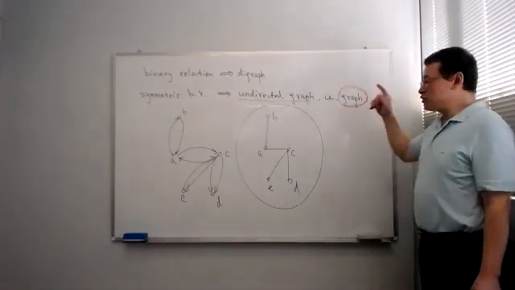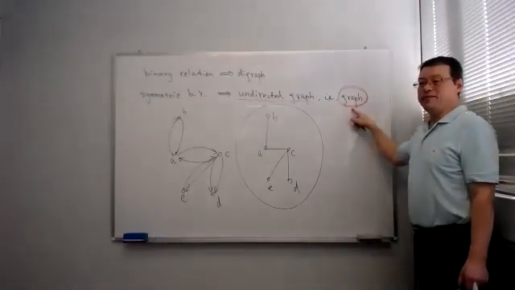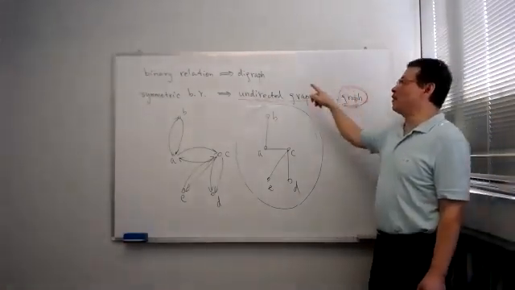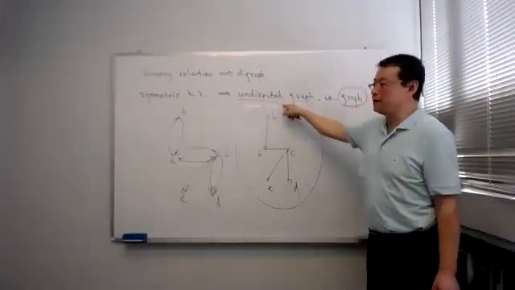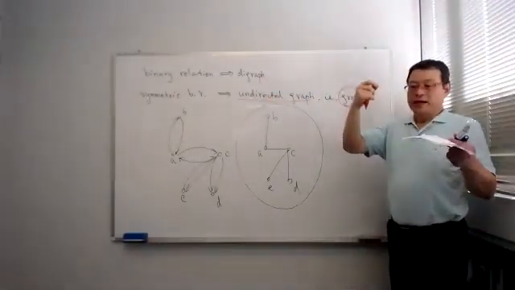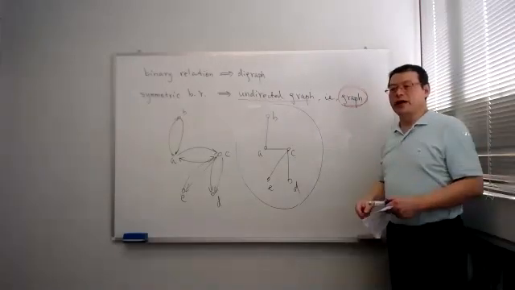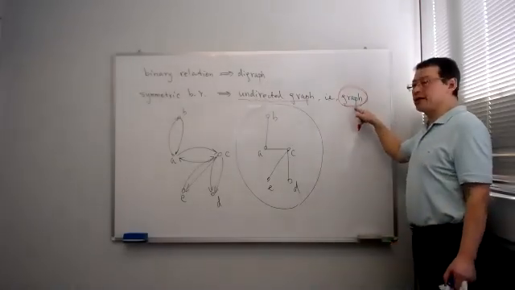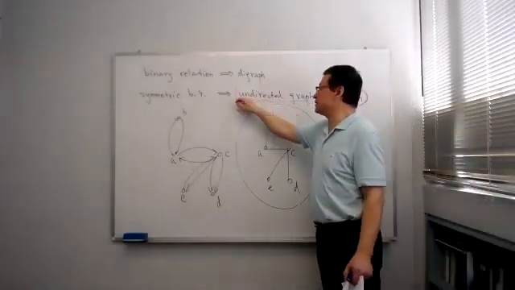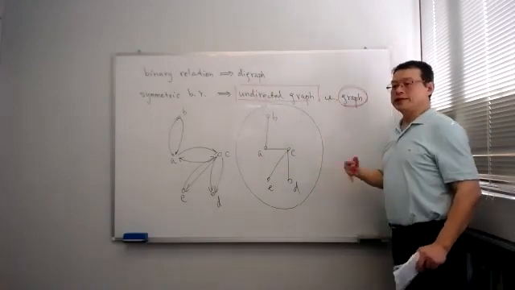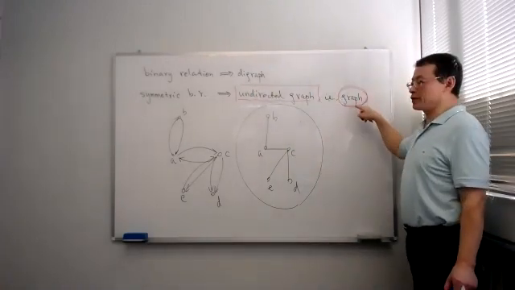Again, I mentioned that when we say graph, sometimes it may mean both directed graphs and undirected graphs. But very often when we say a graph, it actually just means undirected graph. So when there is no confusion, we'll just use graph.